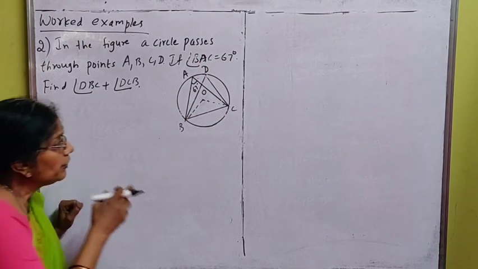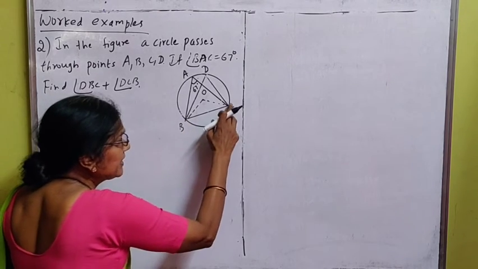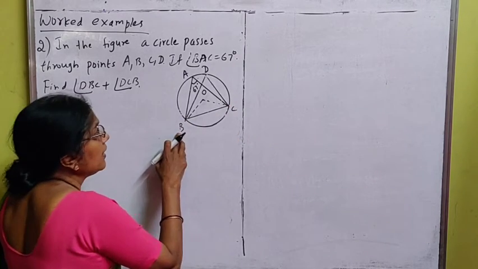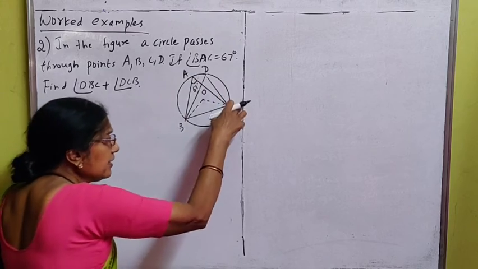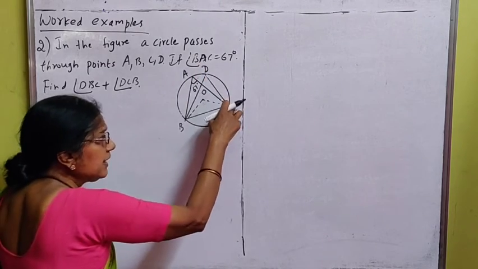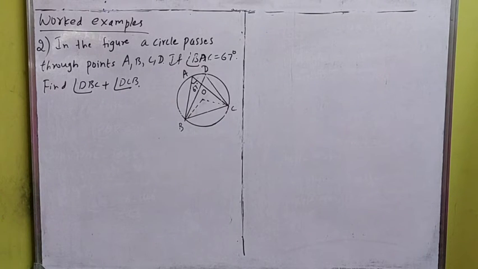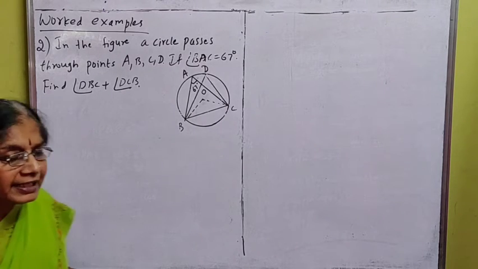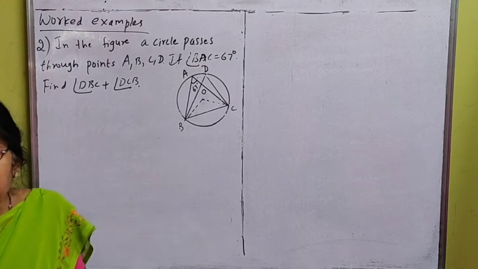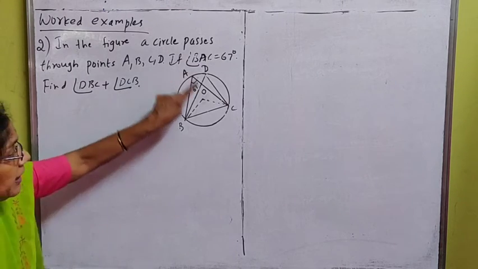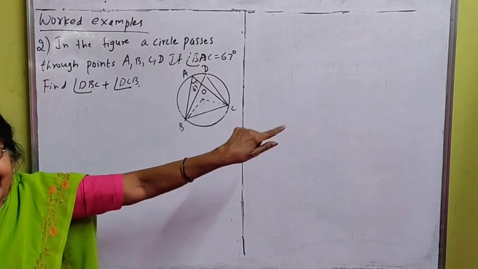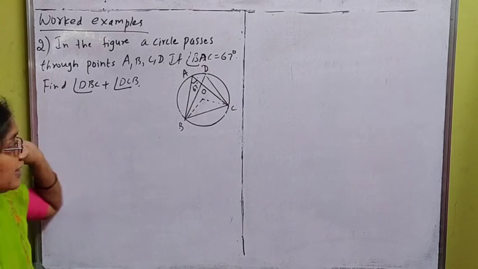Now you can see that arc BC subtends angle BAC and angle BDC on the circumference, and both are present in the same segment. So what will happen? The angles in the same segment are equal. So angle BAC is equal to angle BDC. You can use theorem 6.